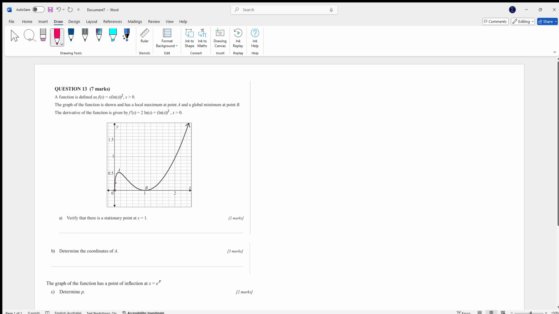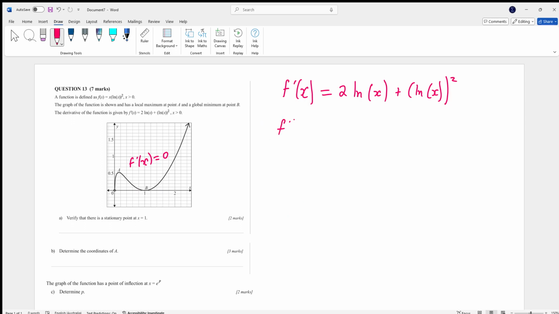So at the coordinate A, f dash of x is also equal to 0. So what you want to do is work out what other x values for your first derivative make this function equal to 0. So here, all we do is write out that first derivative, which they've given us, and all we've got to do is ask what values of x make this equal to 0.